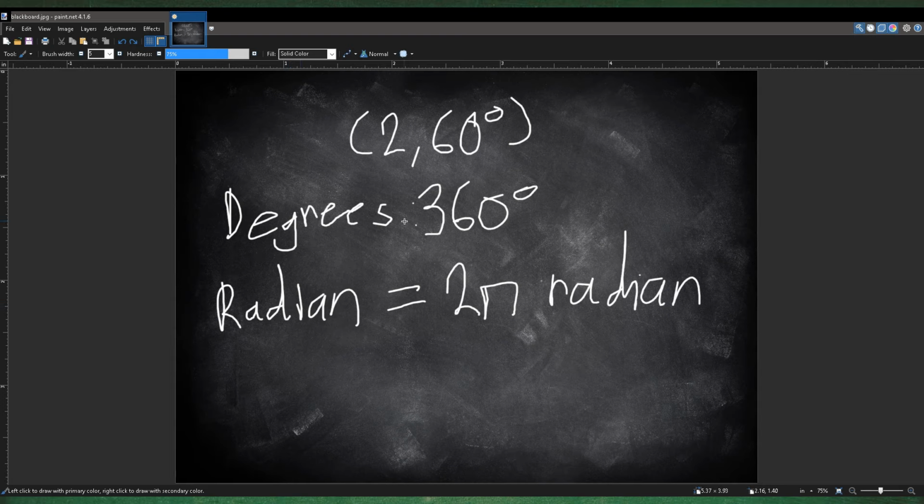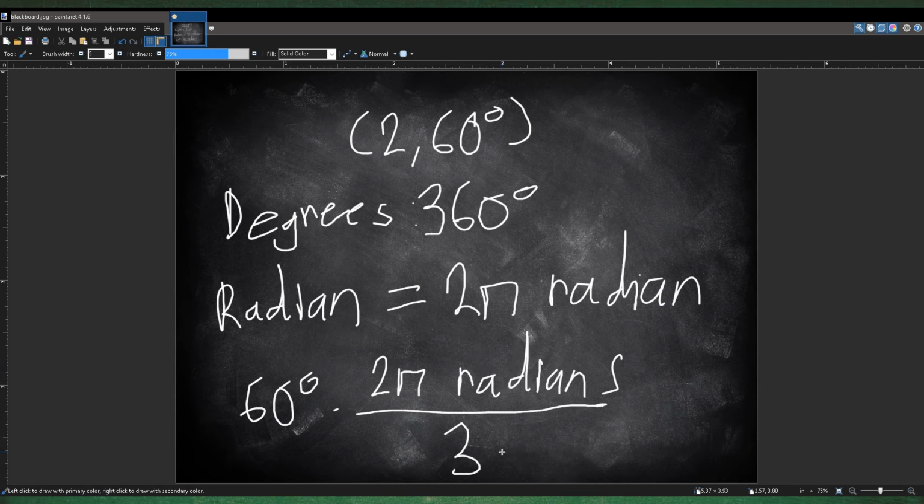To use this, we would just use proportions. So we have 60 degrees. To convert that to radians, since we know 2 pi radians is one circle and 360 degrees is one circle, we just say 2 pi radians divided by 360 degrees, because they're basically the same thing.